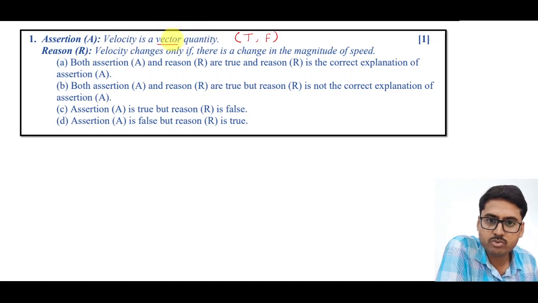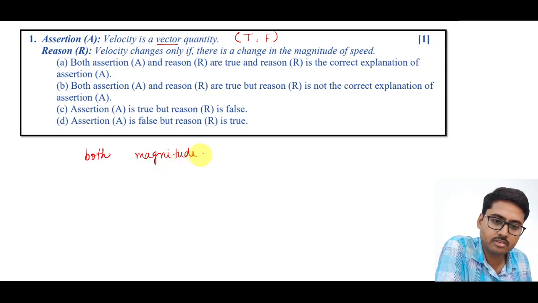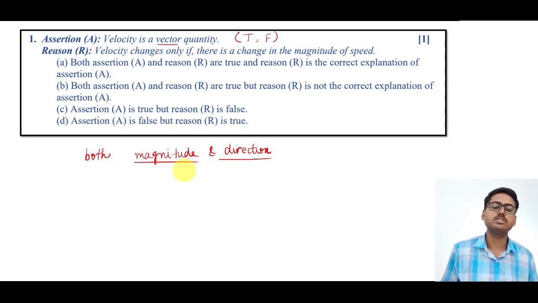Velocity is a vector quantity because it has both direction and magnitude, or magnitude and direction. So it's a quantity that requires both. Just by giving the magnitude, you cannot describe velocity, and just by direction you cannot describe velocity. So both the quantities are required.